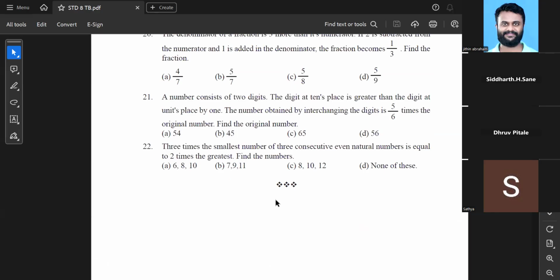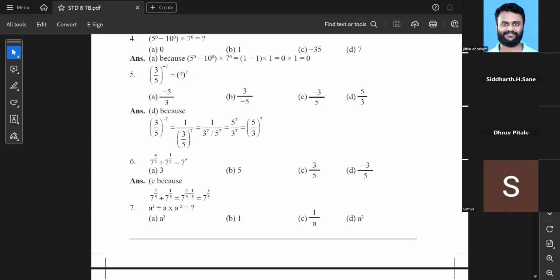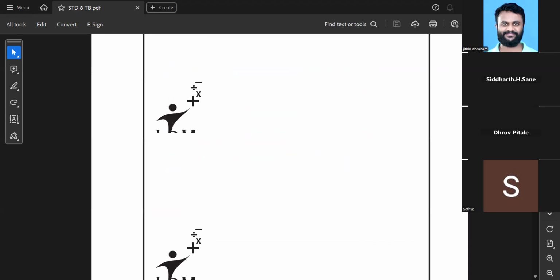As I've already told you in the previous class, I had stopped the worksheet of the previous chapter, identities, factors. So that chapter I stopped in between.